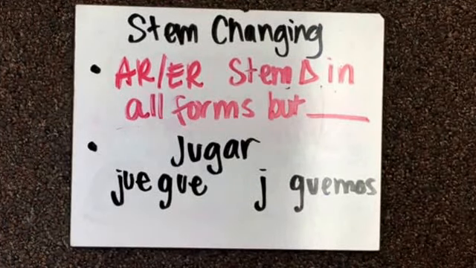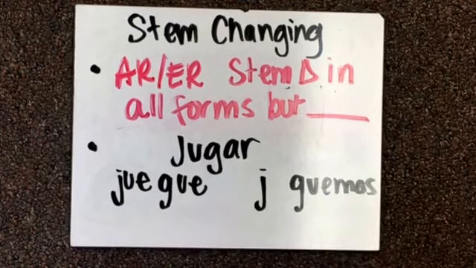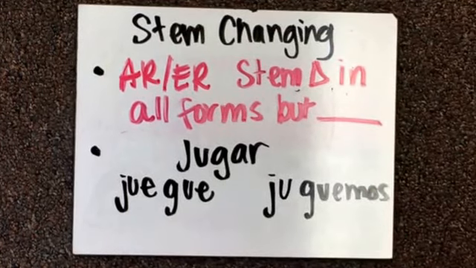However, if we're conjugating the nosotros form, we need to make sure that we don't stem change it. So the subjunctive form of jugar in the nosotros is juguemos.